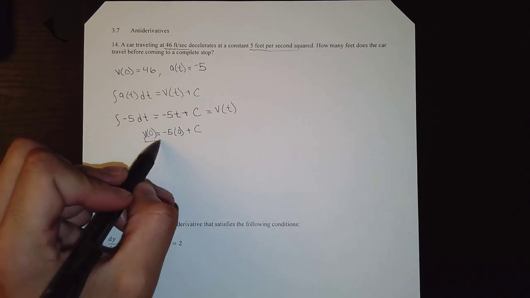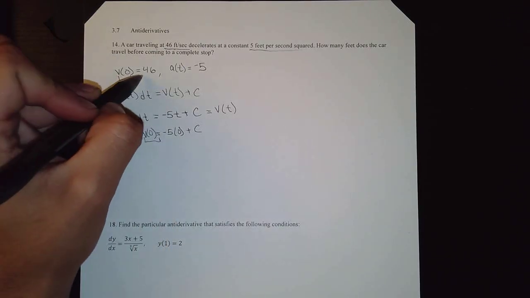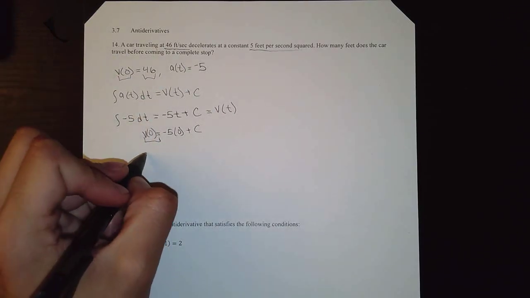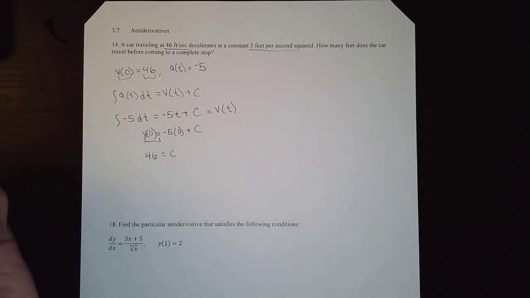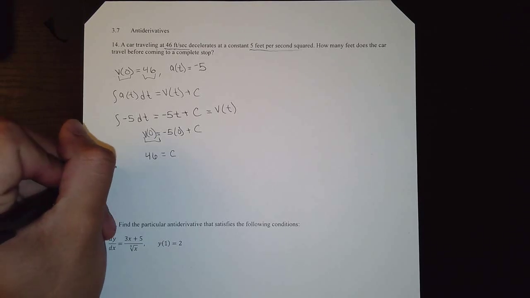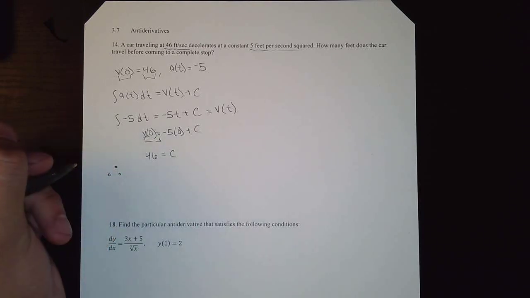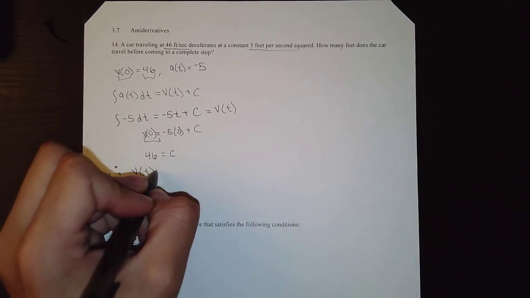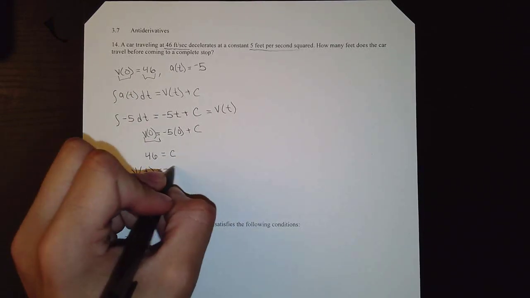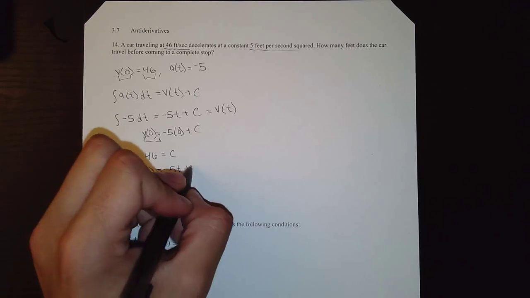And we know that v of 0 is equal to 46 from above. So 46 is equal to c. So what that implies is that the velocity function is equal to negative 5t plus 46.